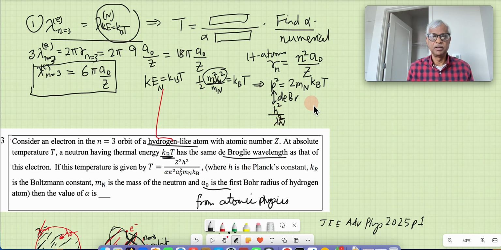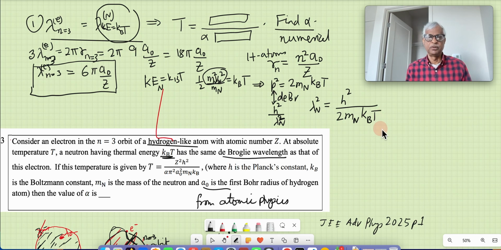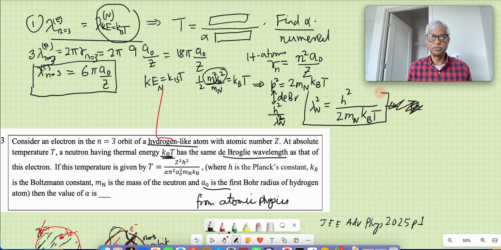So lambda n square will become h square over 2mn kBT. Because we're going to solve for T, we don't want a square root in there. I'm not going to solve it here, but this is the answer right now for lambda n square. And this side is this answer, so square this guy also.